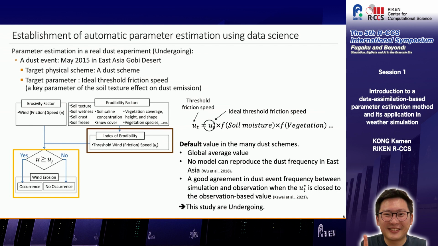And we can also see that if we tune this parameter to the observation level, they have a good agreement in the dust emission frequency in the Gobi Desert. And this study is going forward now.